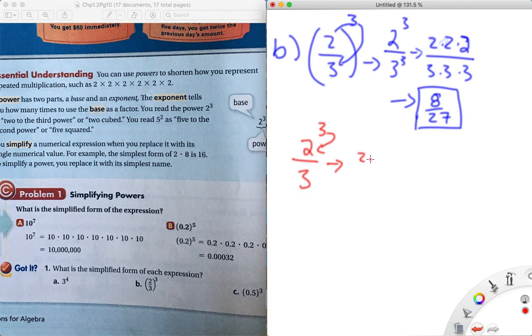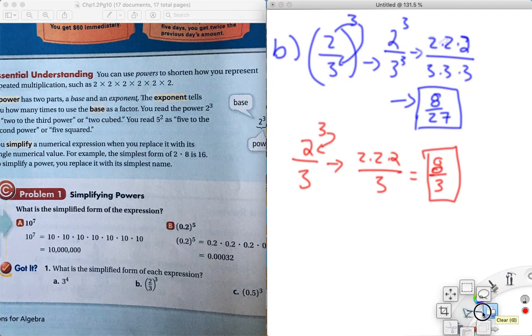So it's going to be 2 times 2 times 2 over 3, or 8 over 3. If there is a parentheses, then the power applies to both the numerator and the denominator. If there's no parentheses, then the power only applies to the numerator.